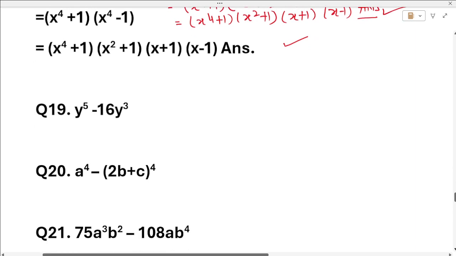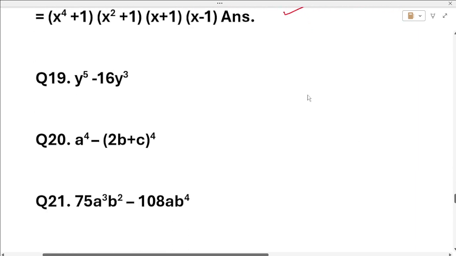Now question number 19 is given here. Question number 19, it is given y to the power 5 minus 16 y cube. Okay, again same thing as in our earlier question.